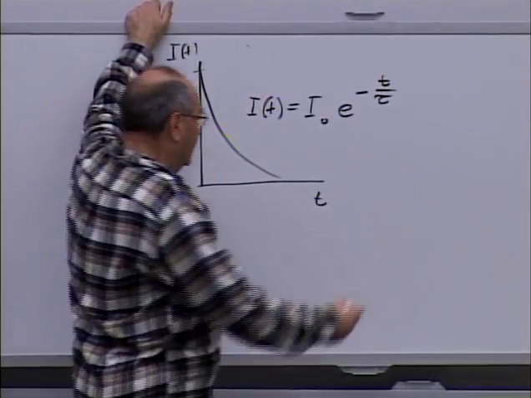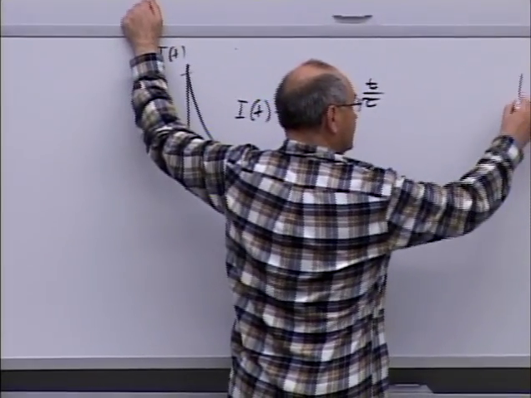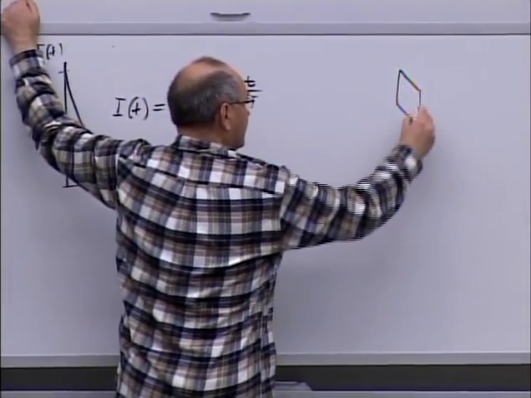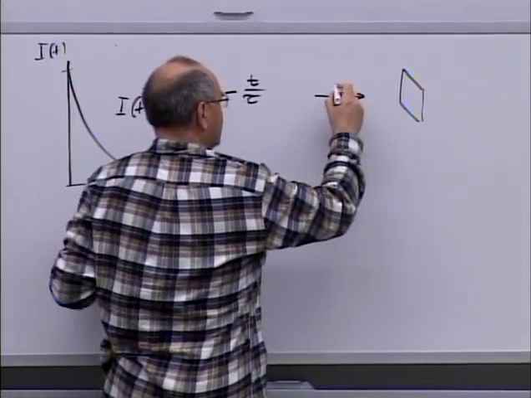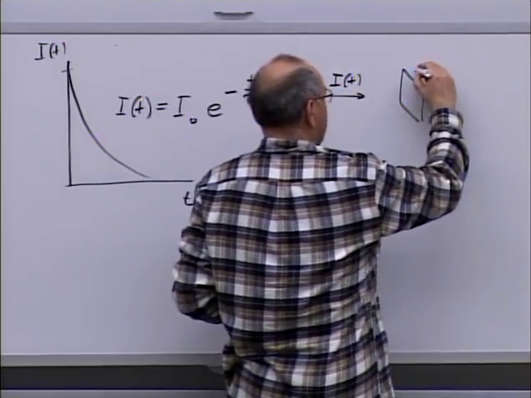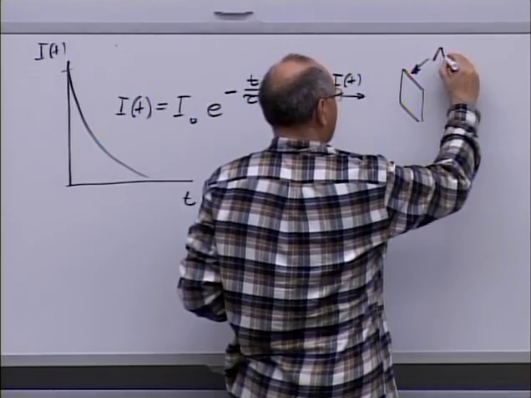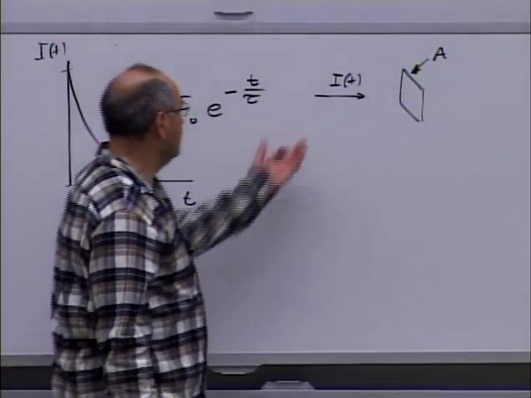So if I consider now a surface, and for simplicity, let's say that the light is falling at normal incidence on that surface. Let's say that the area of this surface is A, and that the intensity is uniform over this surface.